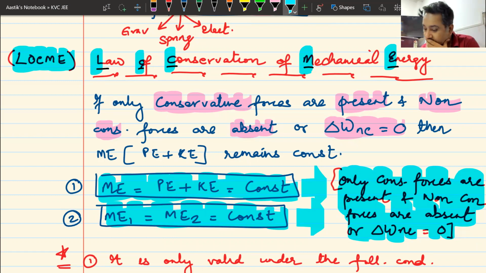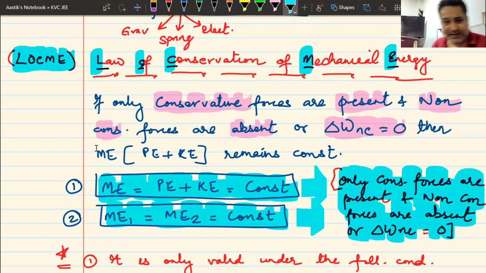Okay, done. Now remember this law of conservation of mechanical energy, I call it the daughter theorem. By daughter theorem, what do I mean? That this is only valid if only conservative forces are present. This is basically derived from something known as the work energy theorem, which I call the mother theorem.